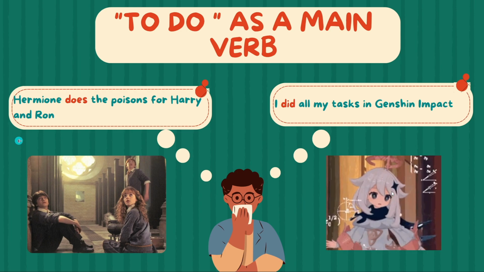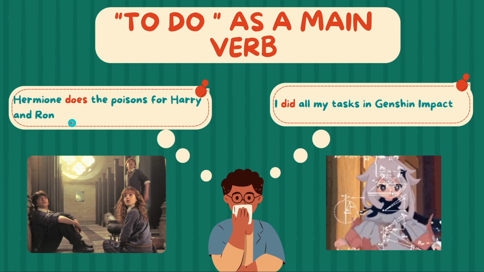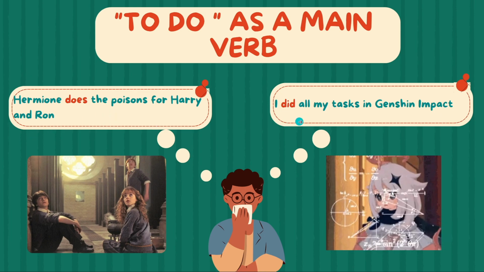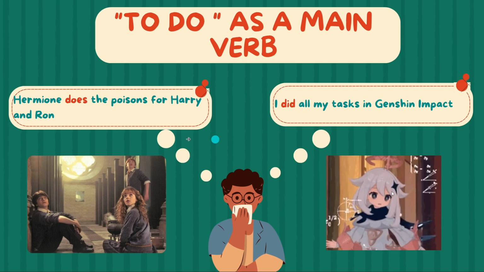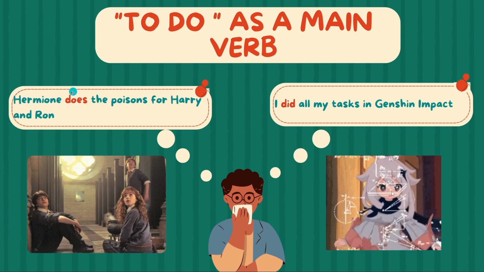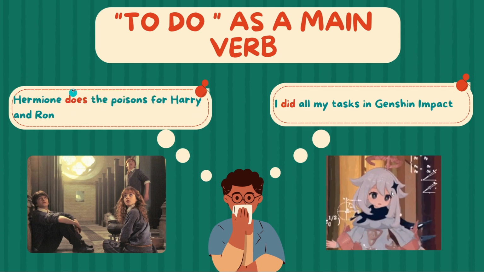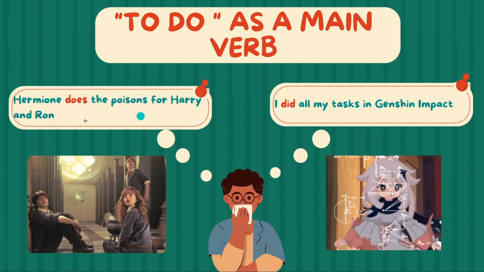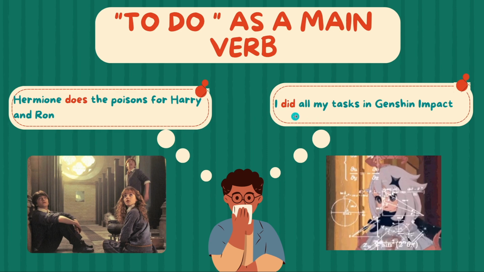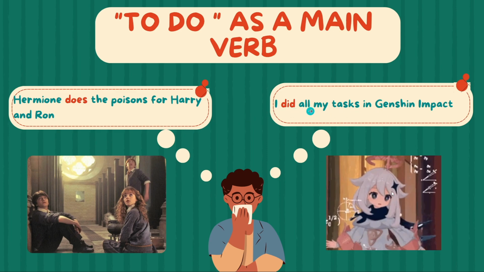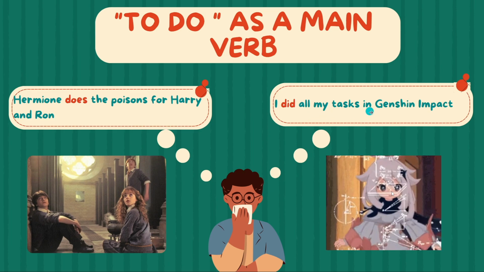For example, Hermione does the potions for Harry and Ron. I did all my tasks on time. So I can replace does with another verb. For example, Hermione prepares the potions for Harry and Ron. Or here I can say I finished or I completed all my tasks on time.